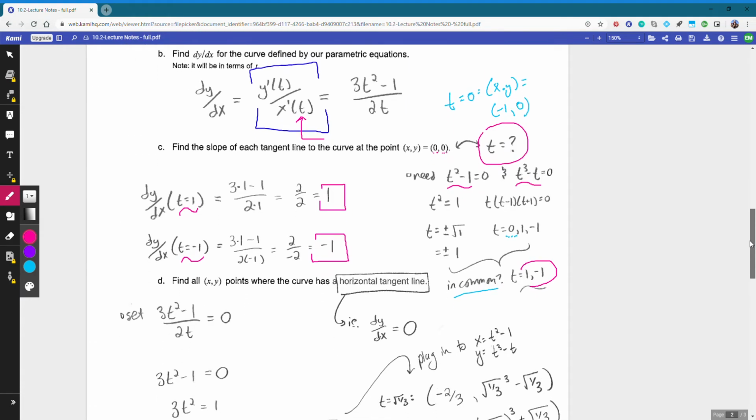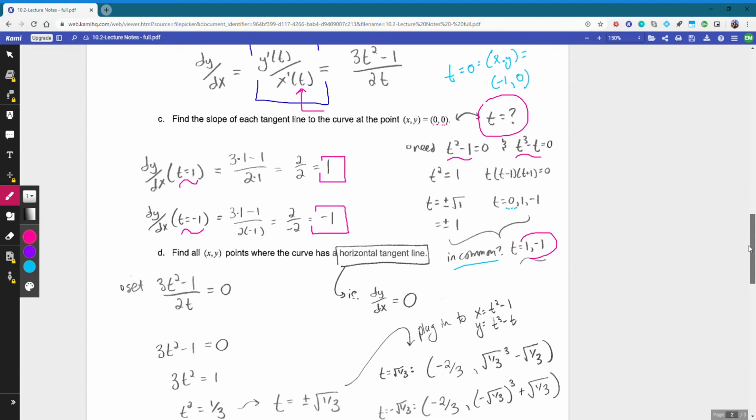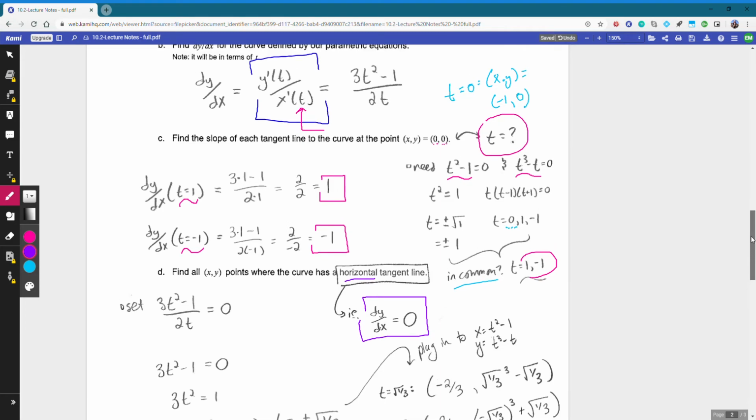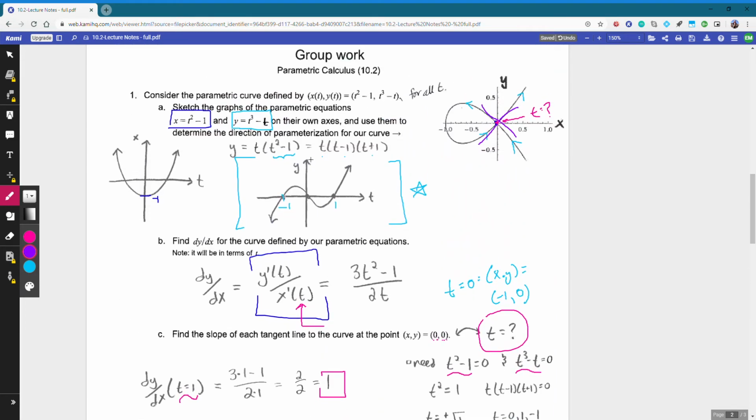All right, next, we're looking for the xy points where our curve has a horizontal tangent line. And just thinking about slopes of tangent lines, for this tangent line to be horizontal, the slope of the tangent line needs to be 0. We can scope these out on the graph up here.